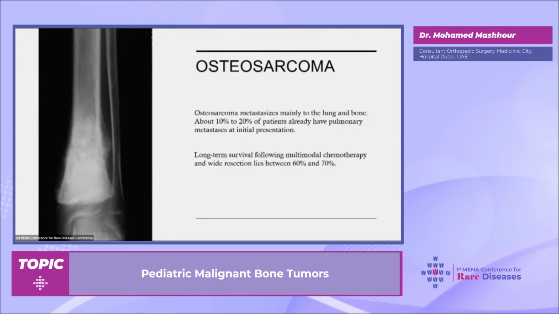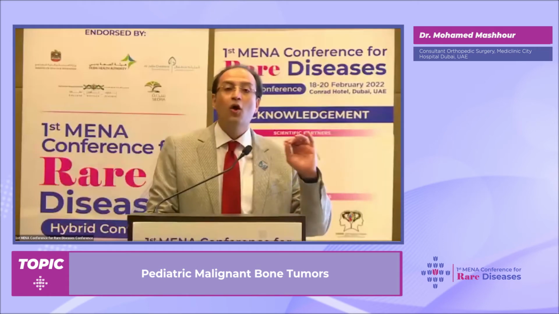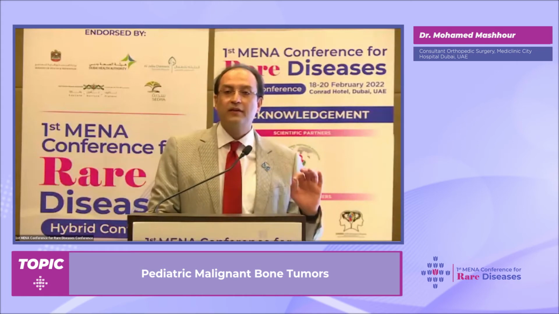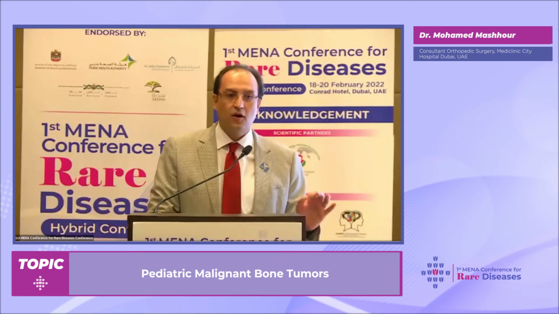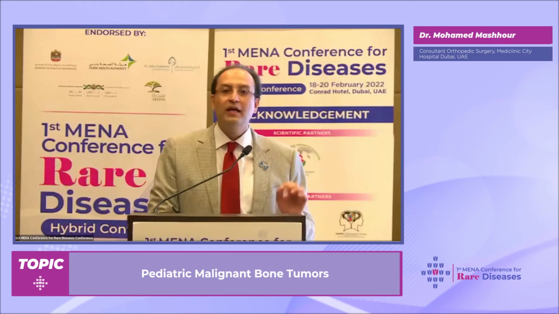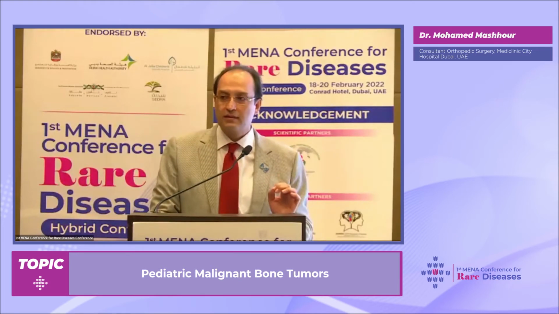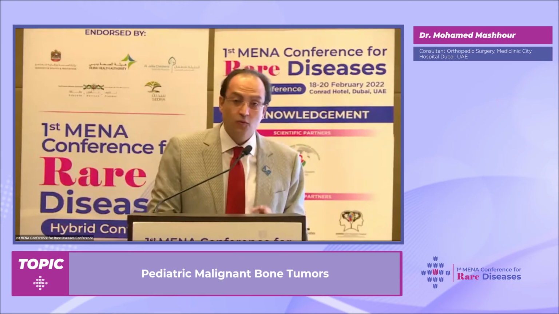Here, there is a difference in the literature as reported. Some authors report that 10 to 20% have already pulmonary metastasis at initial presentation, while other reports indicate that 85% of patients with osteosarcoma do have micrometastasis at the time of initial presentation, which is a very high number.